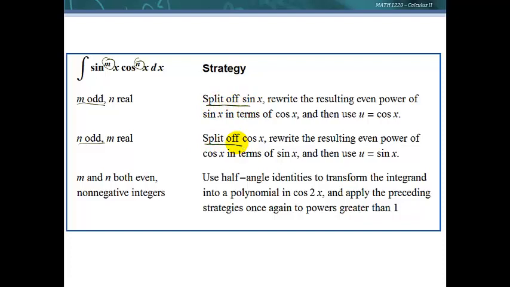And so we'll split one of those off that's raised to an odd power, and then we're going to use the Pythagorean identity and use substitution. Okay, if both of them are even, then we're going to have to use half angle identities, and we may need to use them more than once until we can get this down to things that we can integrate. Now stay tuned for part 2 so we can come up with some ways to do these maybe just a little bit simpler.